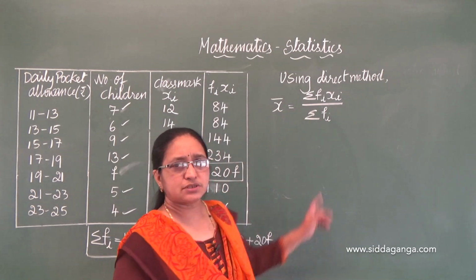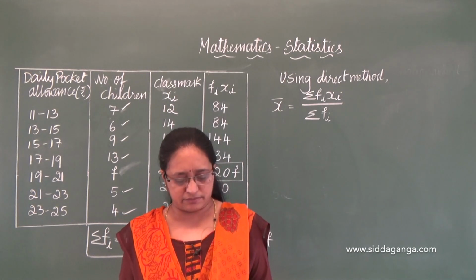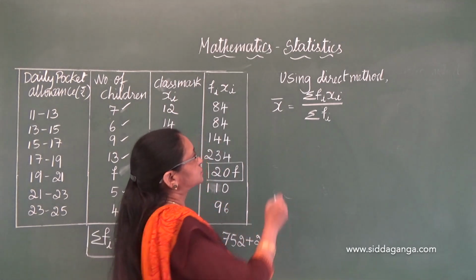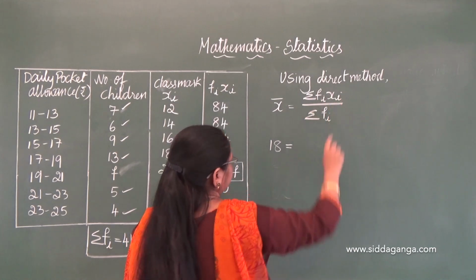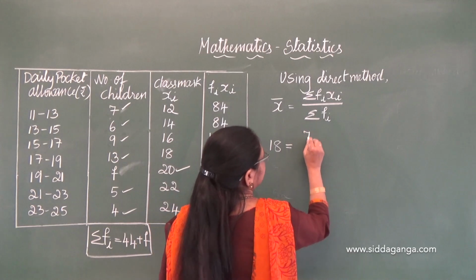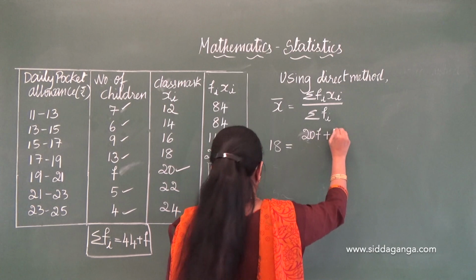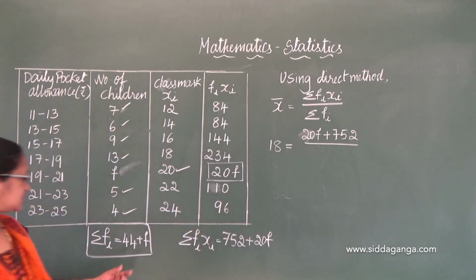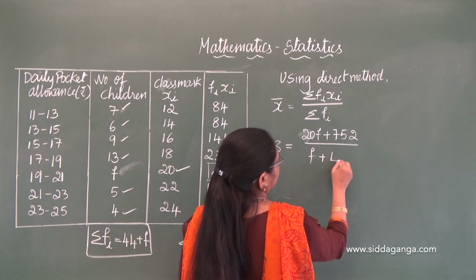So, in the question I told you at the beginning, they have given the mean pocket allowance is rupees 18. They have given the mean there. So, substitute that: 18 is equal to sigma Fi Xi, which is 752 plus 20F, divided by sigma Fi, which is 44 plus F.